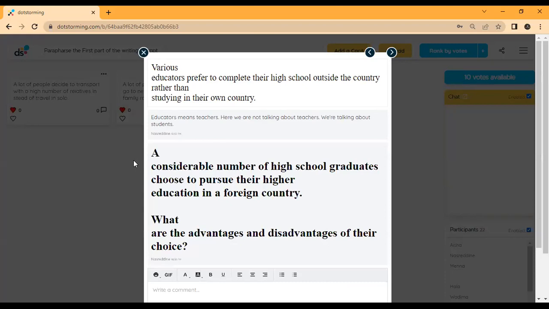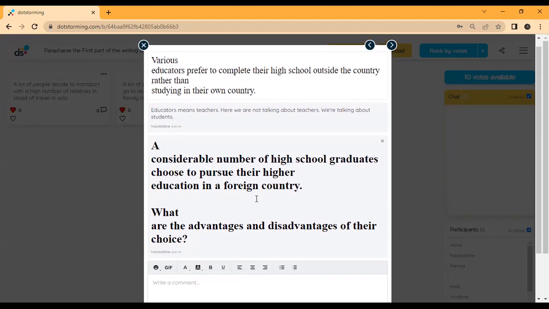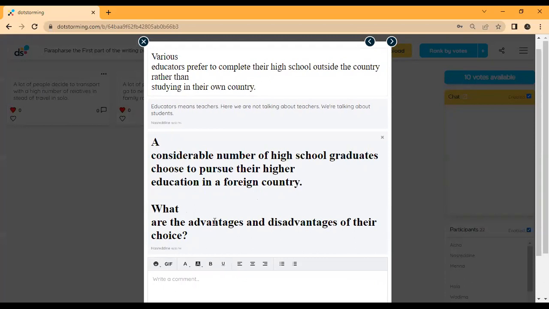I didn't know how to reduce the size of the font. Now this is the topic. A considerable number of high school graduates choose to pursue their higher education in a foreign country. What are the advantages and disadvantages of this choice?